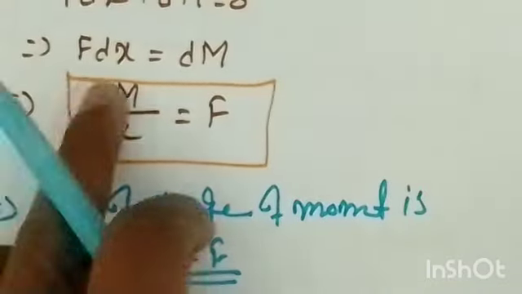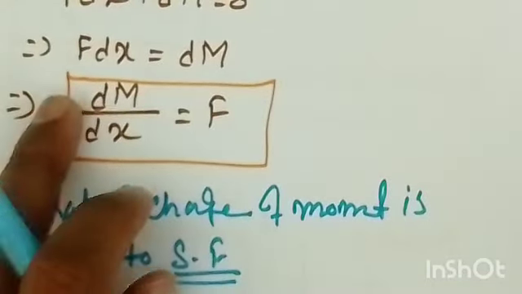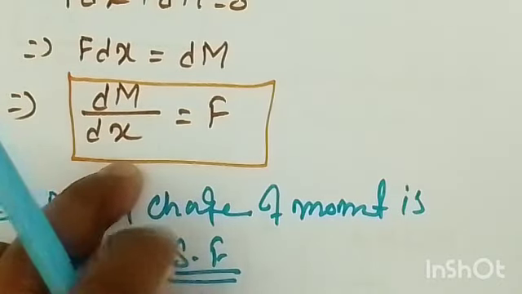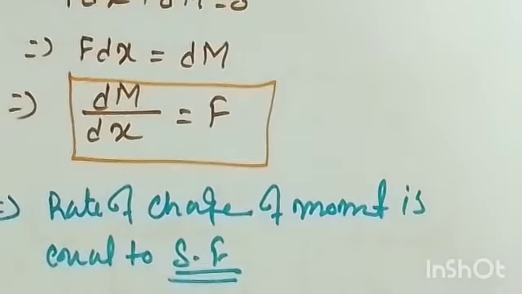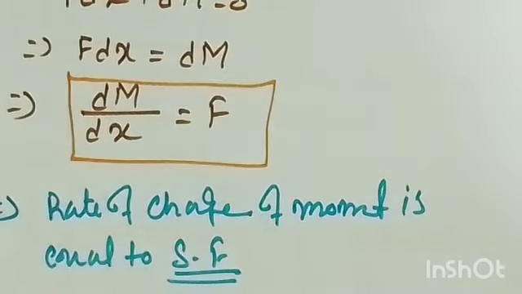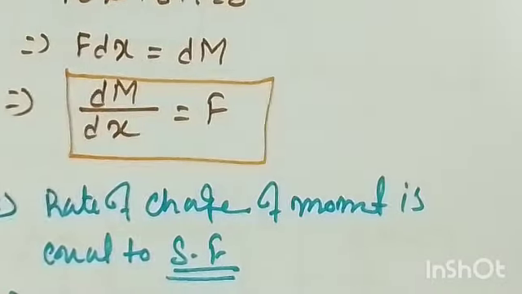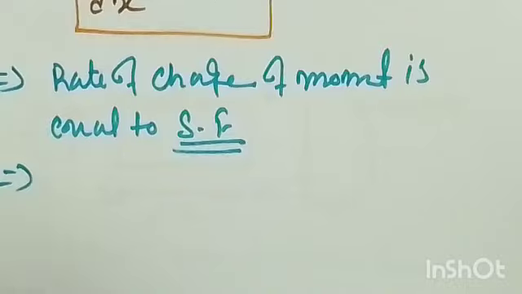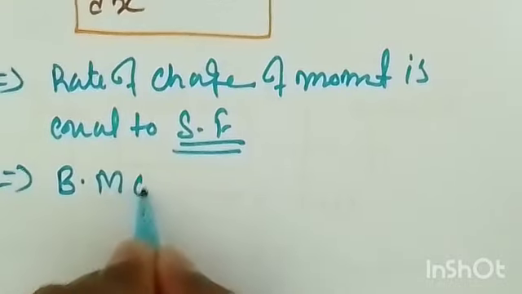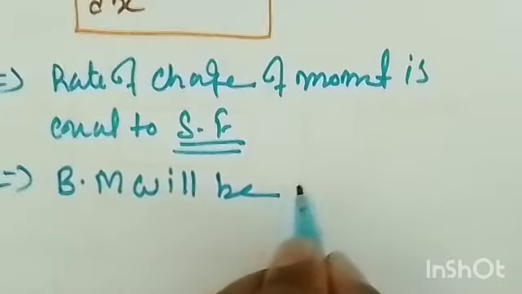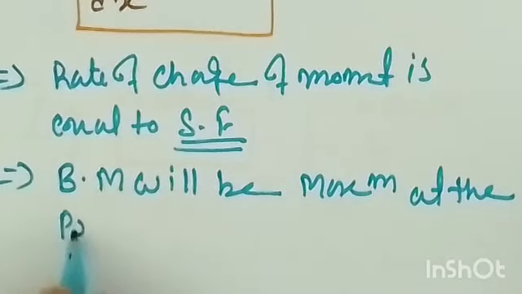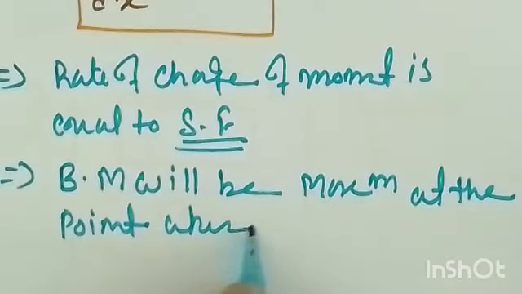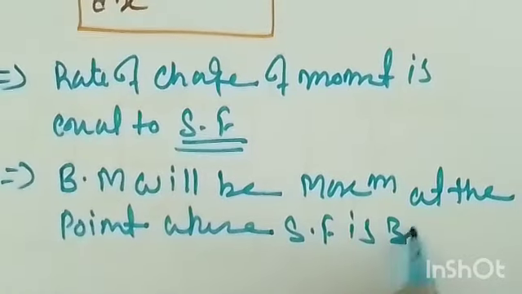So if you see, dM by dx is nothing but F. It means you are differentiating the bending moment with respect to x, and if you know the maxima and minima condition from your engineering mathematics, whenever you differentiate any function with respect to x and equate it with 0, you get the maximum of the function. So you can say bending moment will be maximum at the point where the shear force is 0.